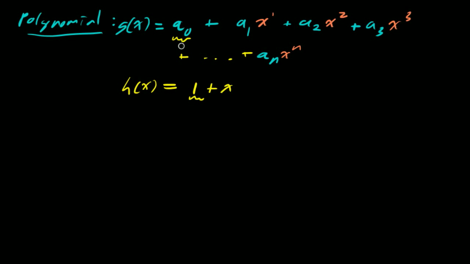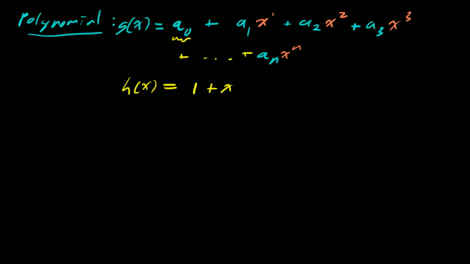That's like the first constant that's in our polynomial. And then we've got something times x to the first power. In this example, a1 is just going to be 1, so we've got 1 times x to the first power. And then all of these other a terms are just going to be 0. So this is an example of a polynomial.